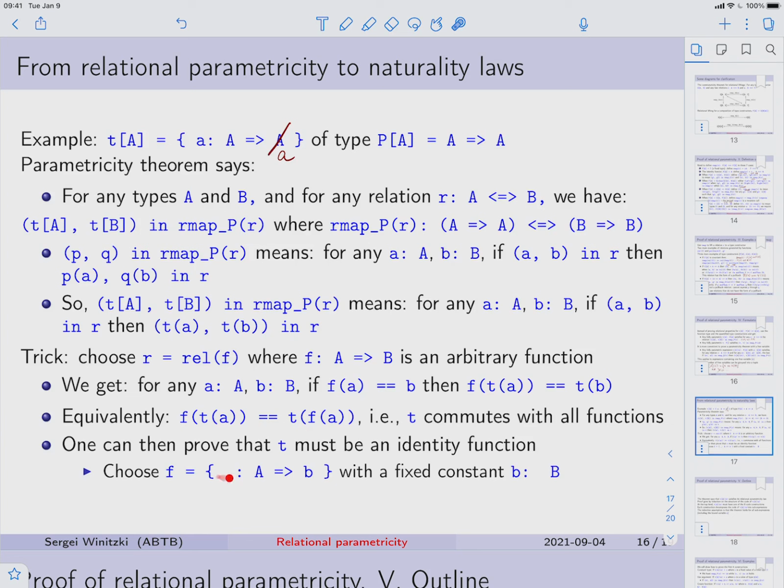Let's choose the function f like this, which is a constant function returning a fixed value b of type b, and then we say f of t of a equals b because it always returns b, and it must be equal to t of f of a, which is t of b because f of a always returns b. And so b equals t of b for any b. So t is the identity function. So this is the result of applying the parametricity theorem to this case.